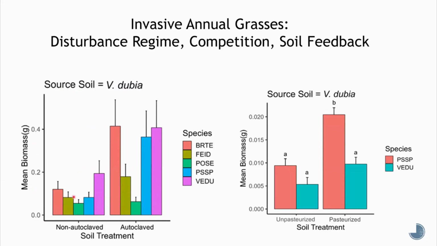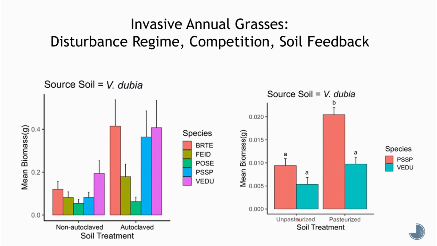And when you take a look at the not autoclaved, as it was collected, you can see that all species are reduced, but you'll notice that ventenata is still doing much better, and it does better than all the others. So we're thinking that there's something going on in the soil.